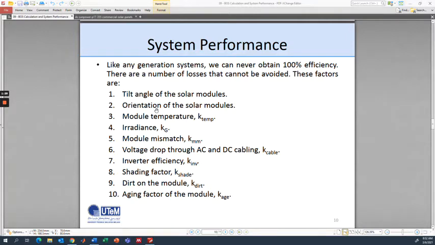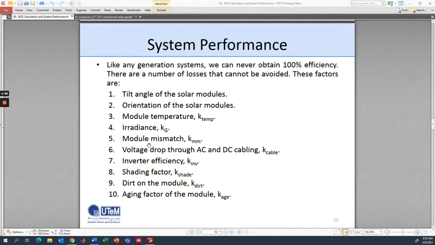The third one is the module temperature. This is highly dependent on the environment and the installation type as well, whether there is proper ventilation or not. So we need to calculate the K10. And then irradiance, this is something we cannot control. It's highly dependent on the weather, so we need to factor this in as well.